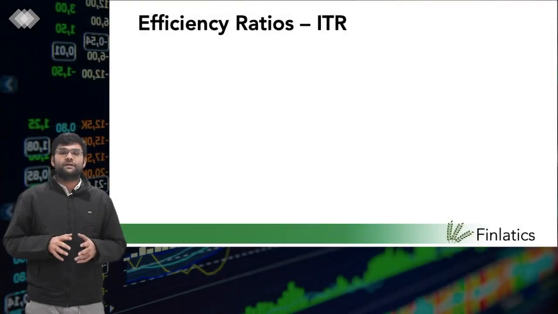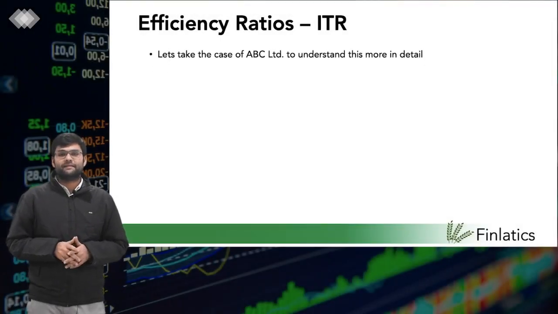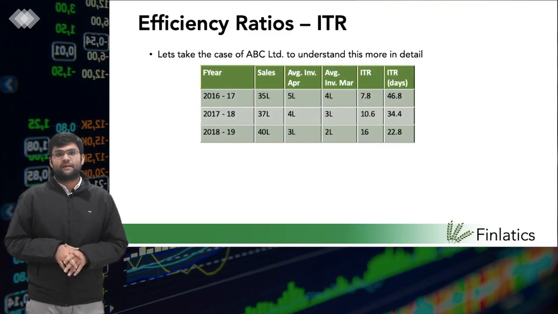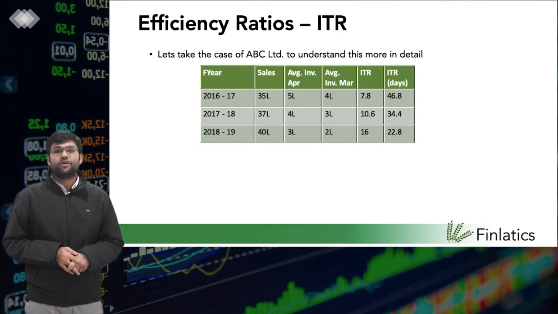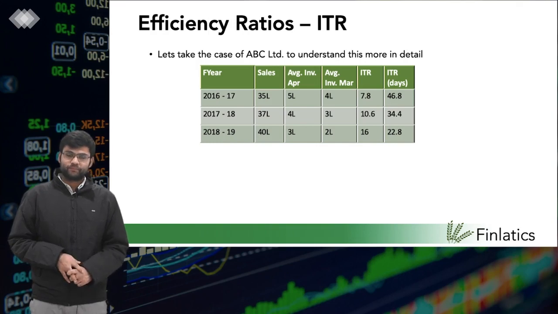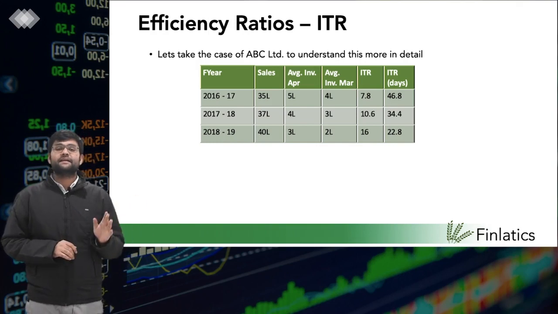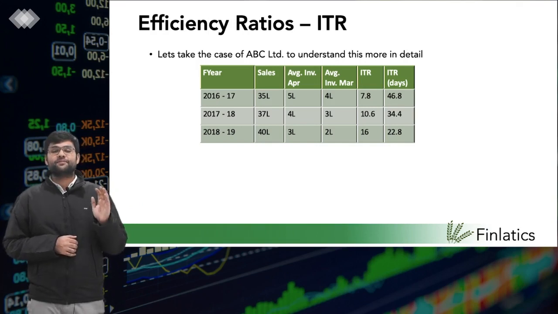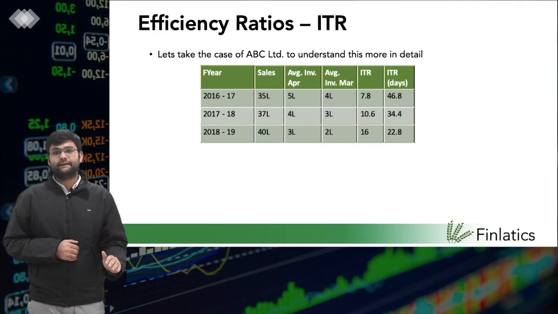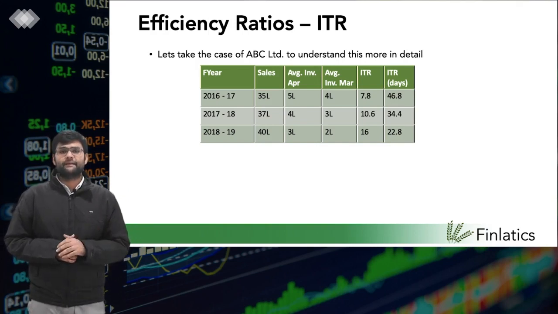Let's take the example of ABC Limited to understand this more in detail. As we can see from the table below, the inventory turnover ratio of ABC Limited went from 7.8 in 2016-17 to 16 in 2018-19. At the same time, its inventory turnover ratio in terms of days went from 46.8 in 2016-17 to 22.8 in 2018-19.